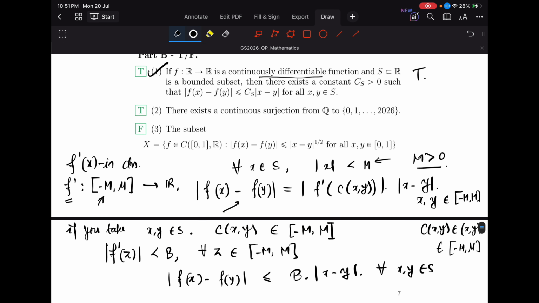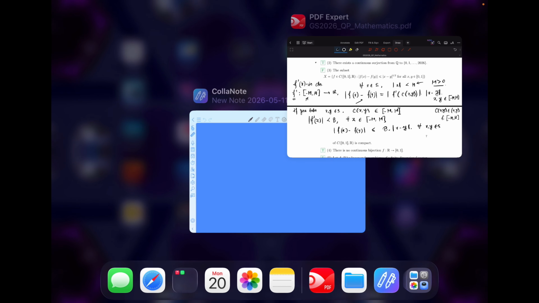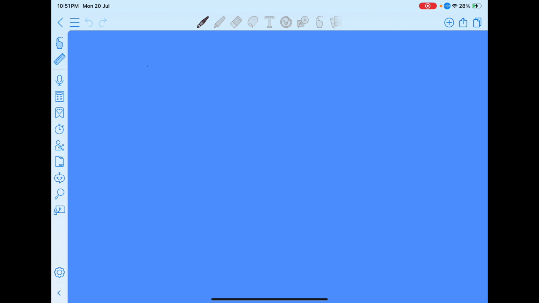So the next statement: there exists a continuous bijection from Q to {0, 1, 2, ..., 2026}. So let us do it here.